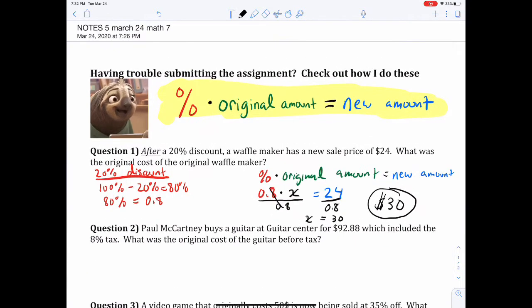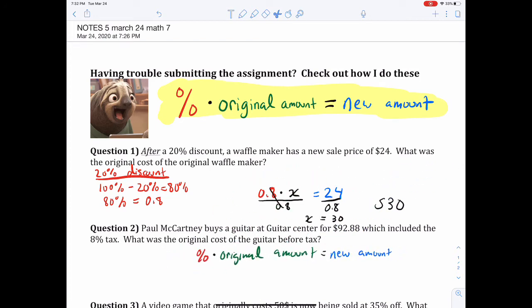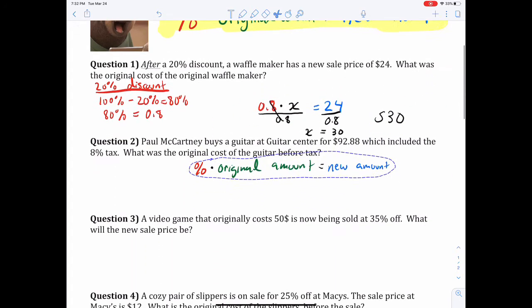All right, that's how you do these. This formula is huge. So I'm going to take this formula and bring it down here because I know we're going to have to do this for the next question too.